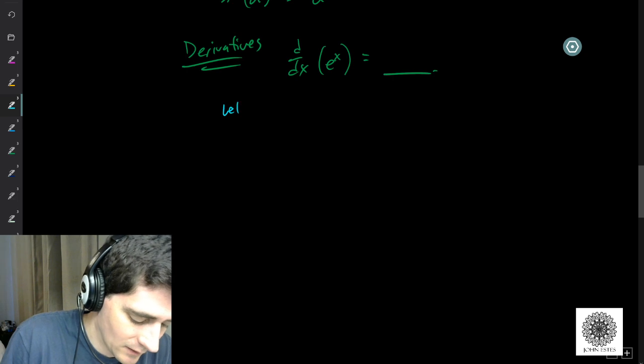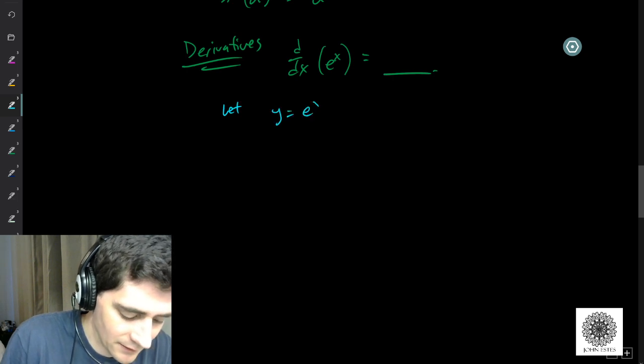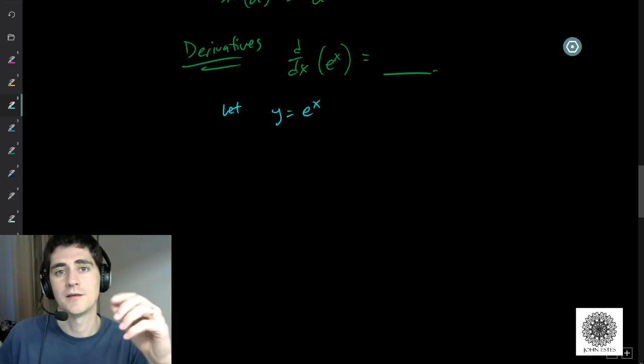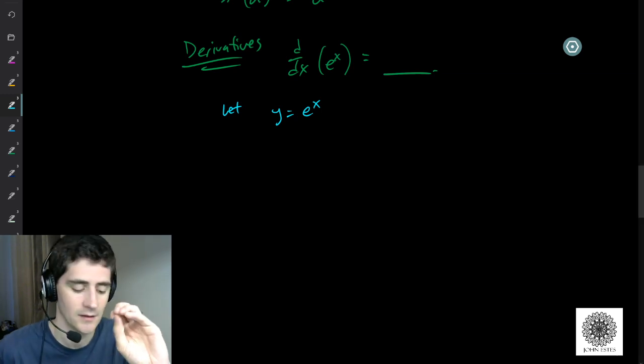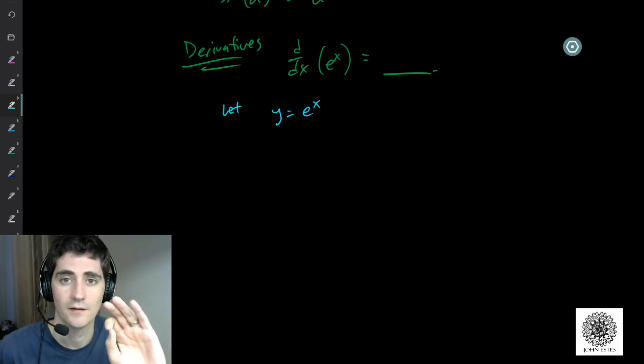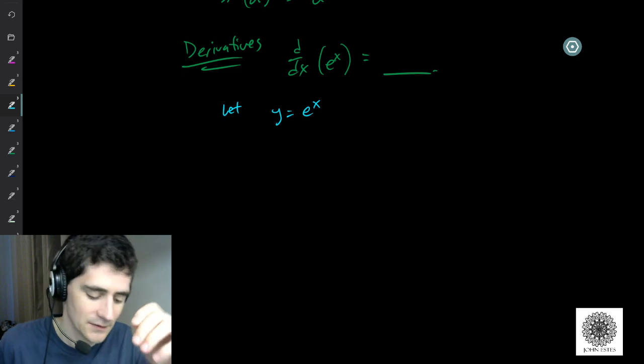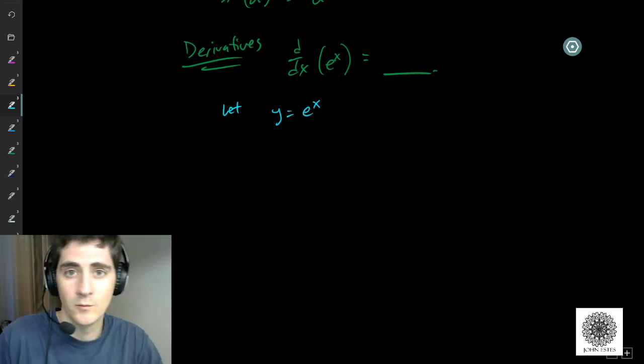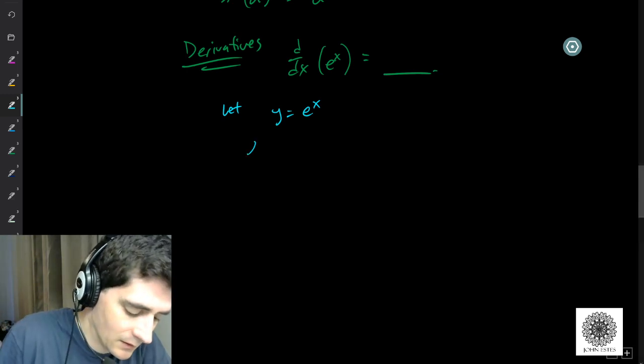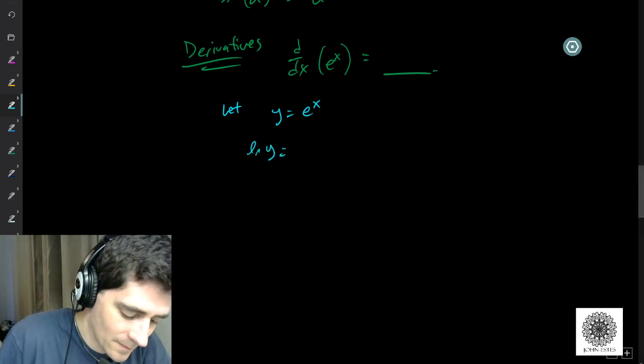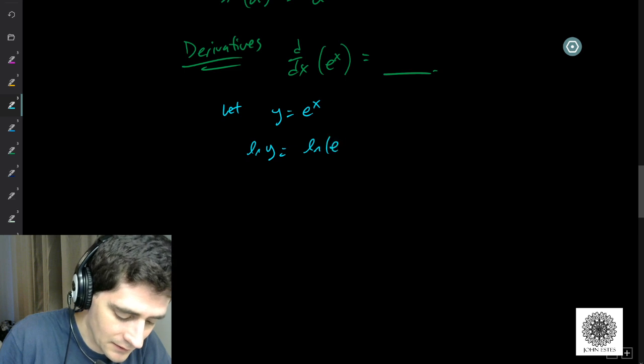Let y equal e to the x. Now remember last time we did some logarithmic differentiation on these things, finding these weird derivatives by taking the ln on both sides first. I'm going to do that now. So I'm going to say ln y equals ln e to the x.